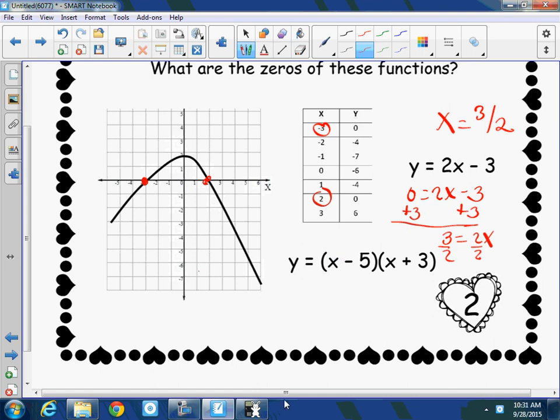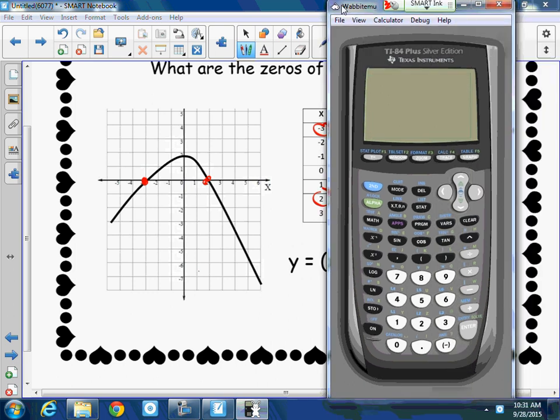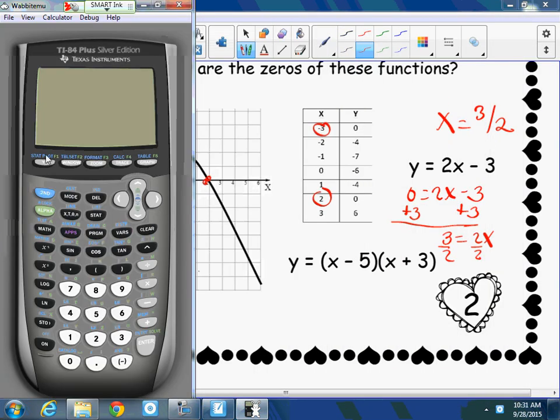So I'm going to go to y equals and turn it on. I'm going to write just like I see it: x plus 5, and in parentheses, x plus 3. And I'm going to go to the table and find my zeros where y equals 0.